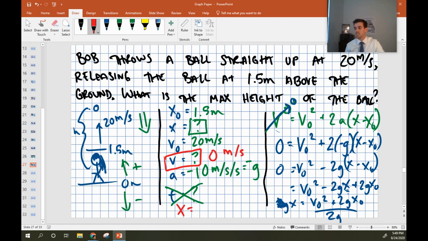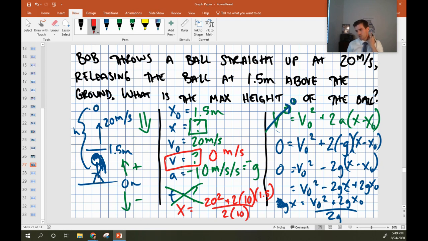And so x is equal to v naught, that's 20. So that's 20 squared plus 2 times 10. Notice it's not negative 10 anymore because I already took care of that negative symbol in my calculation. Times 1.5 all over 2 times 10. All right, I'm going to have to do this in my head a little bit.